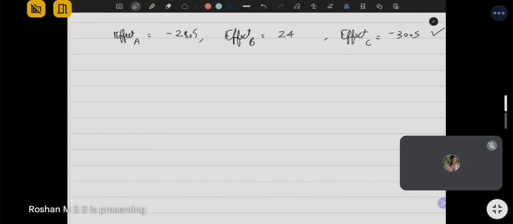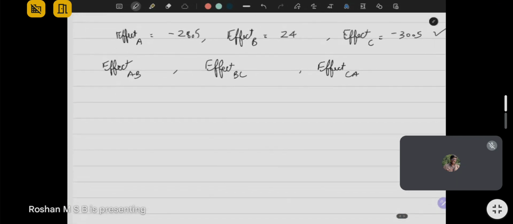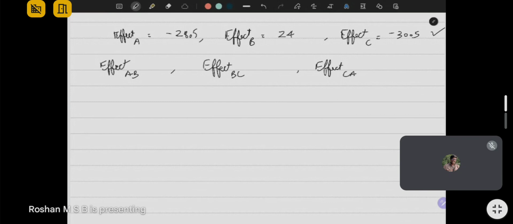Then for AB, two-way interactions: AB, BC, AC, and then the three-way. You need the data set.